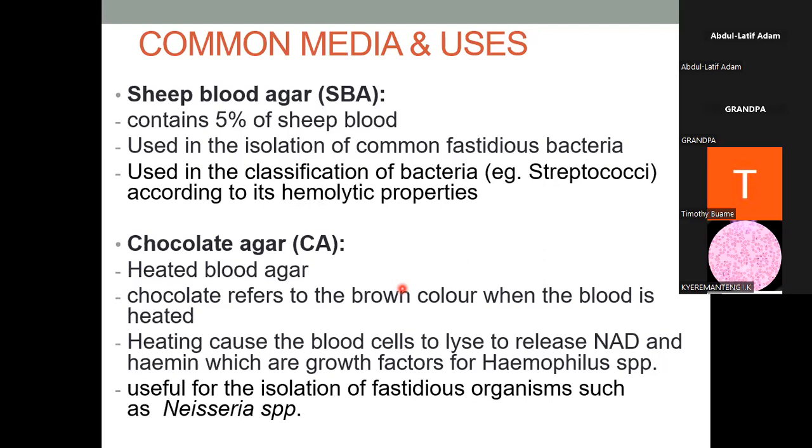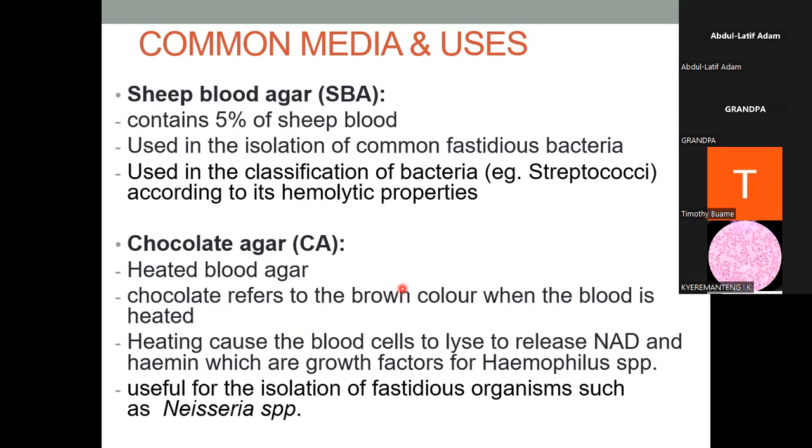Now you see that Haemophilus will grow on chocolate agar, because in chocolate agar you are heating the blood, and then the X and V factors are released. The X factor is the hematin, the hemoglobin, okay? And NAD, which is also intracellular, will also be released. Because they are released, they become available.